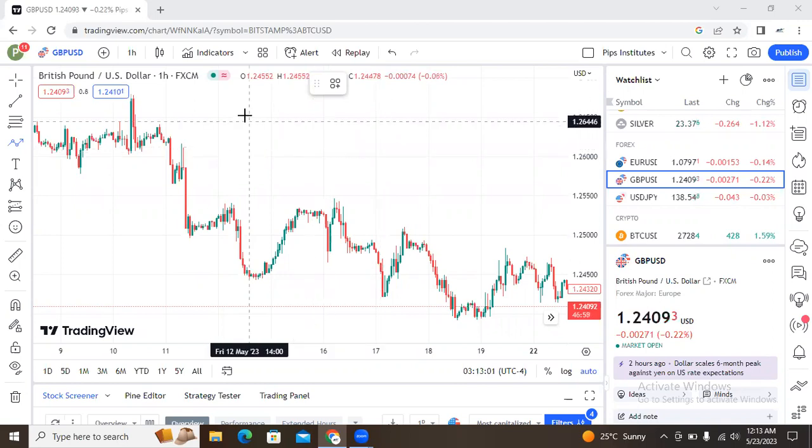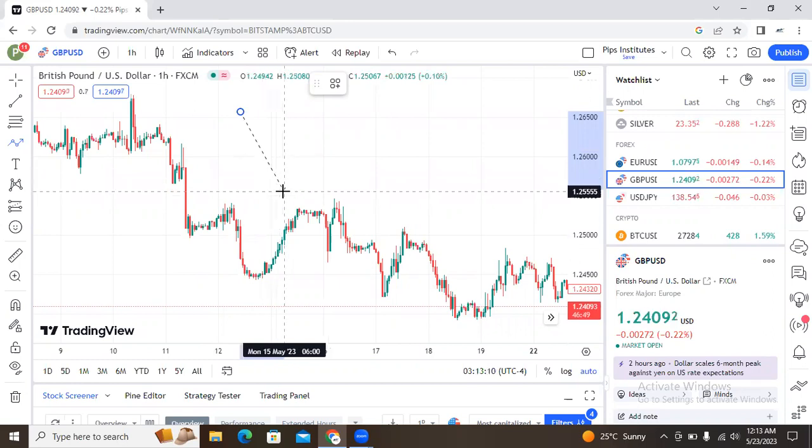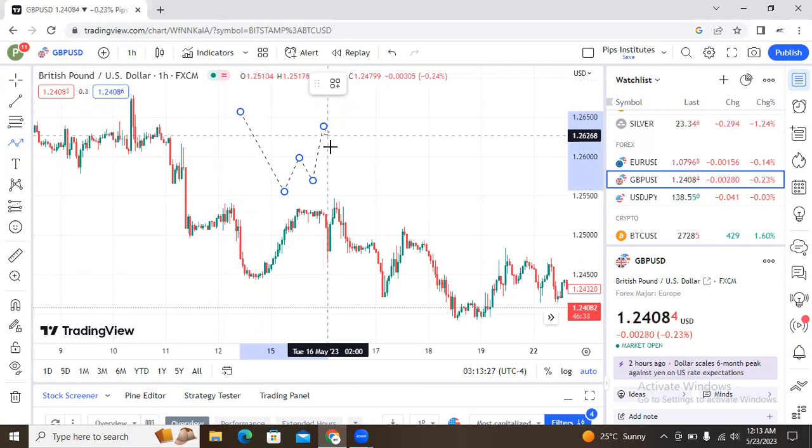Once the market is giving us something like this, then we expect a push up, then a push down, then we're having a failure swing, then a push up again to the upside after the failure swing. Then we expect the market to come back to mitigate that level. Then we enter, then we see it going upward.